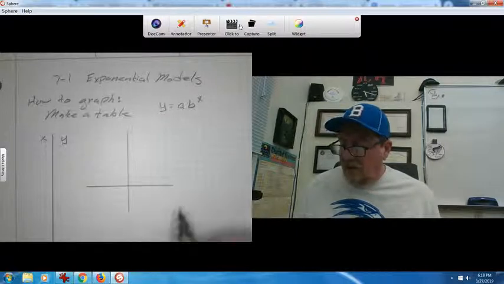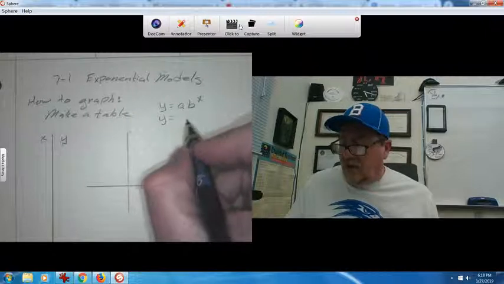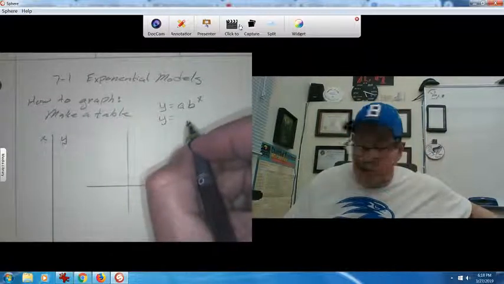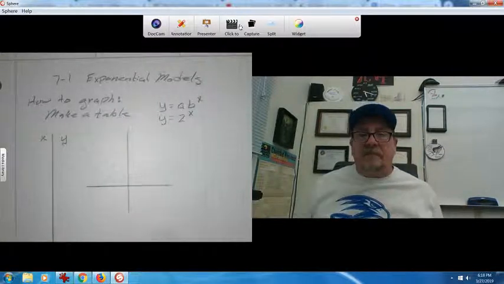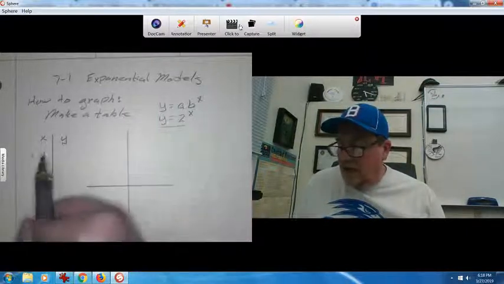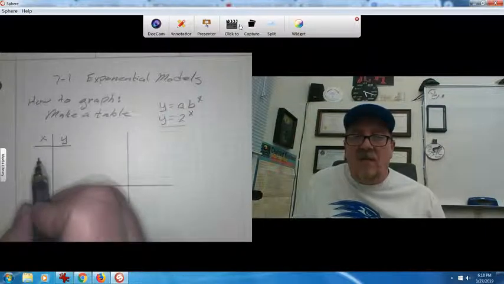So let's start with a simple one. Let's just say y equals 2 to the x power. We're going to graph this function. I'm going to make a table of values. We get to choose the x's that we plug into our table.